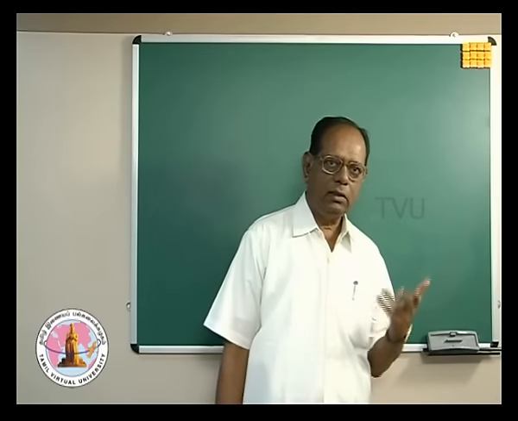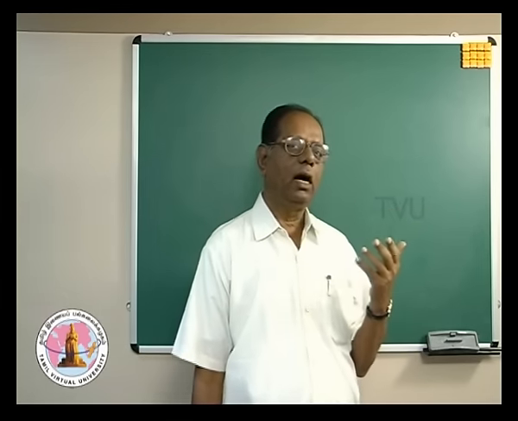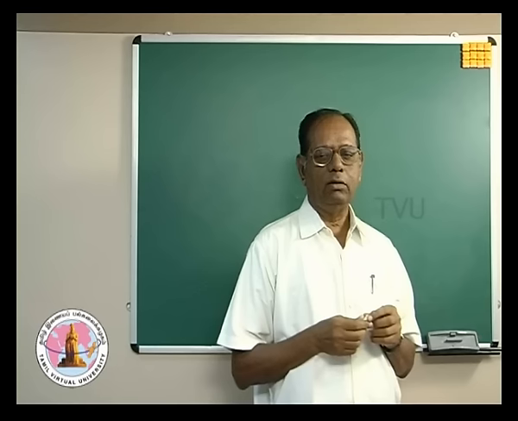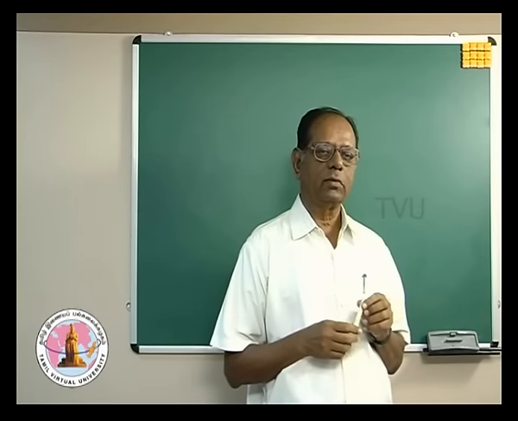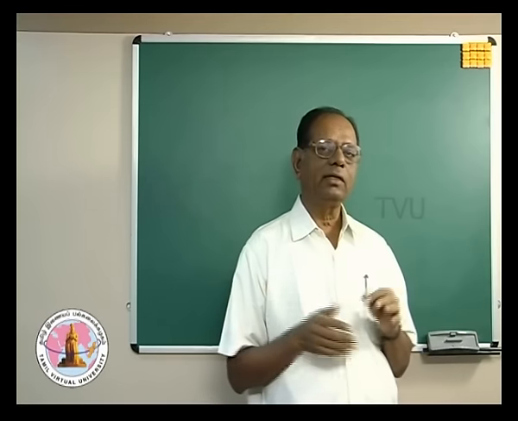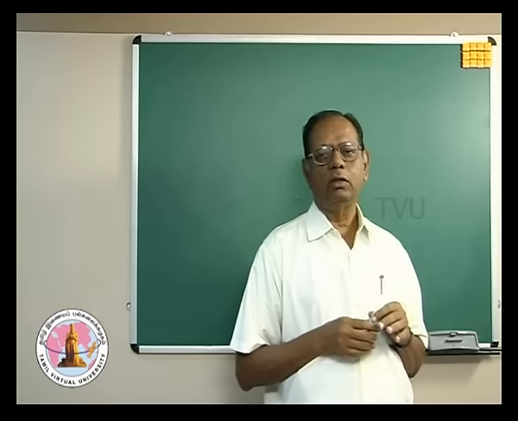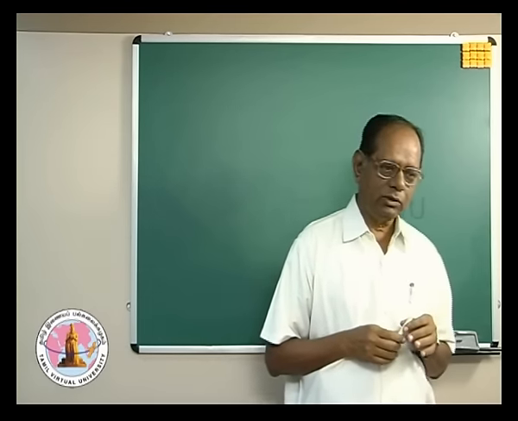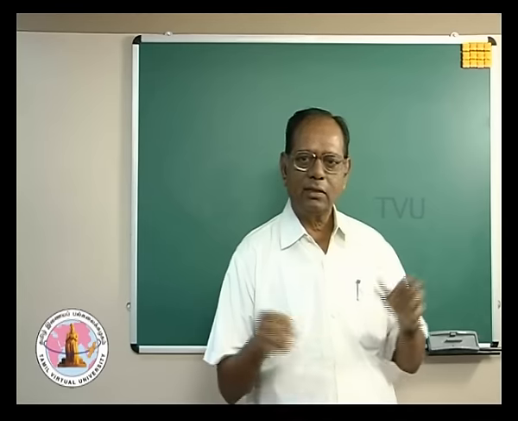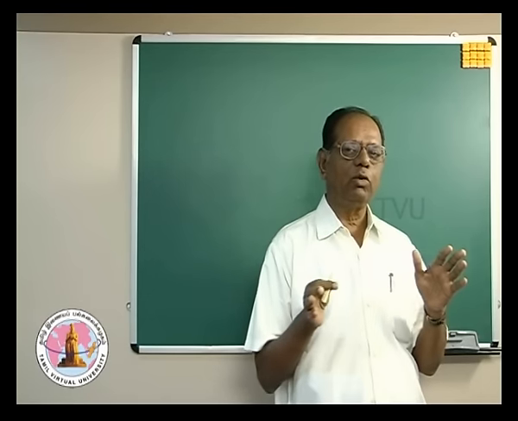Here I have to mention one or two things so that you will be careful about. The Indian languages are divided into two major categories. One is called the Indo-Aryan languages and the other is Dravidian languages. There are certain basic differences which I am not going into now.